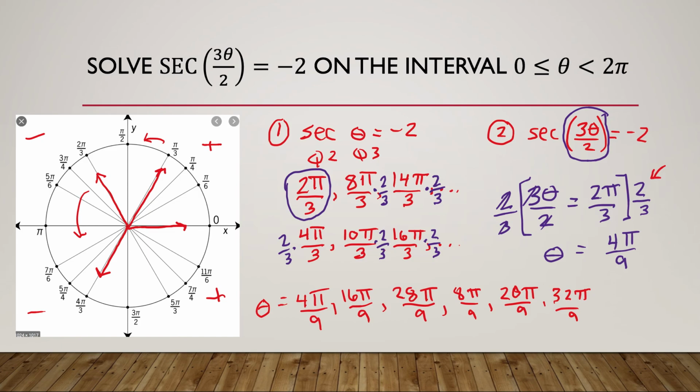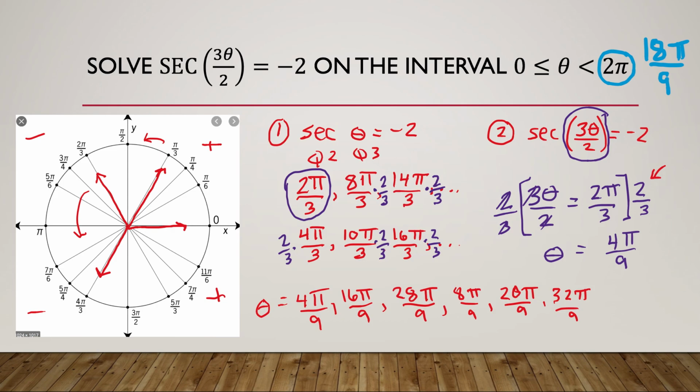All right, come back up to the top and let's determine what the cutoff point is for 2 pi. Note that all of your answers are over 9. So what over 9 is 2? That would be 18.